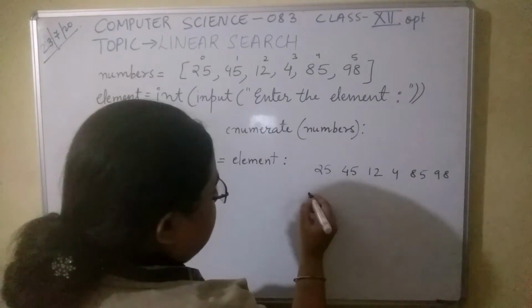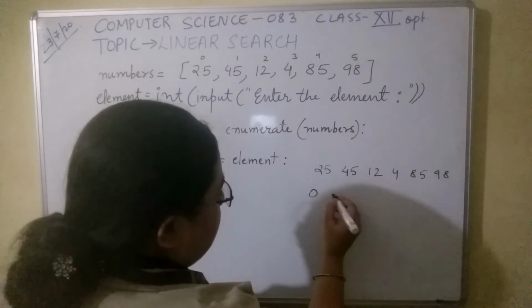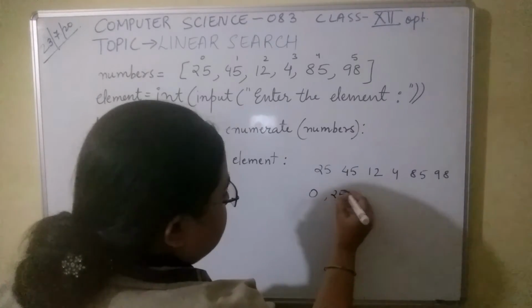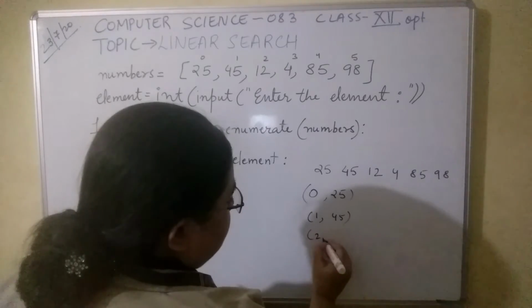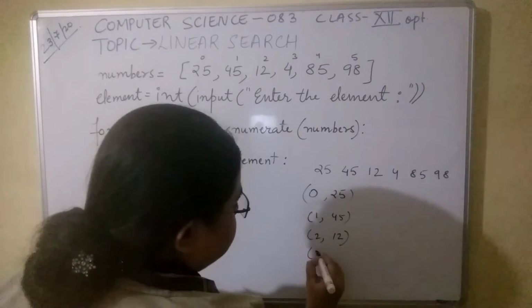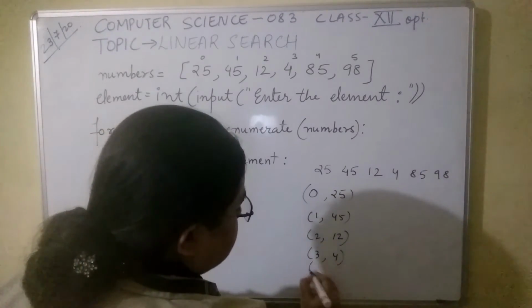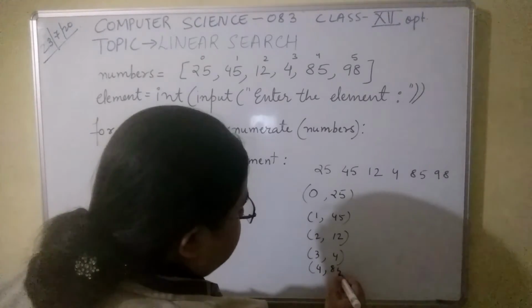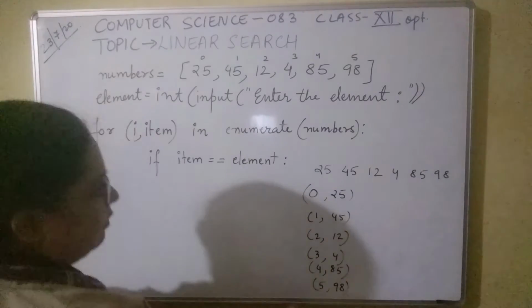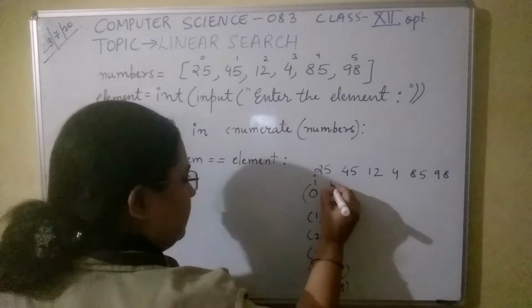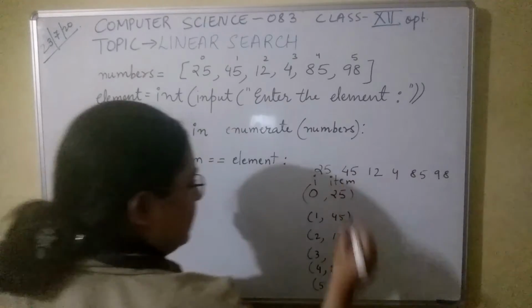So it will be something like this: 0 and the item is 25, 1 item 45, 2 item 12, 3 4, 4 85, and 5 98. So this is how these pairs are going to be created, i and item.